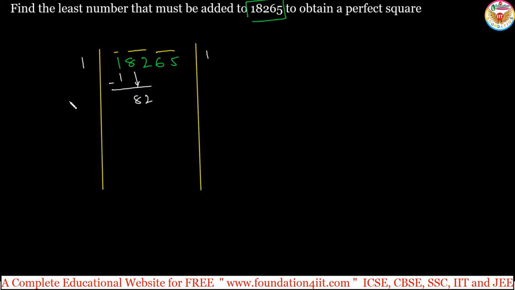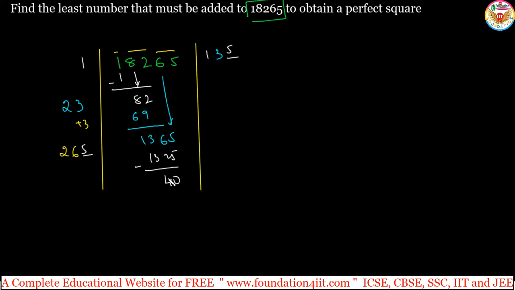So 1 should be doubled, this side is 2. Now what will we get? 23 3s are 69, because 24 4s are more than 82. This is 39. Next set is 65. So if you take 3 more, 26. So here 260 until less than 1365. 265 into 5, 1325. If we subtract, we got 40.